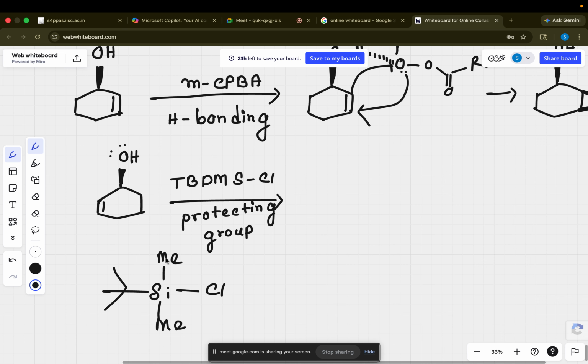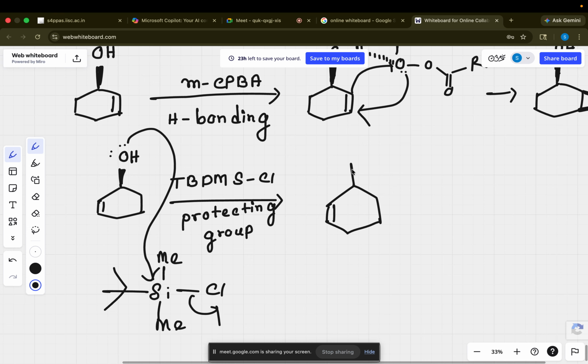Silicon-oxygen and silicon-fluorine are the two strong bonds you have to consider in organic chemistry. Don't think that OH will attack and chlorine will leave by SN2; it is not an SN2 reaction. Oxygen donates the electrons into the vacant d orbital of silicon, and chlorine will leave.